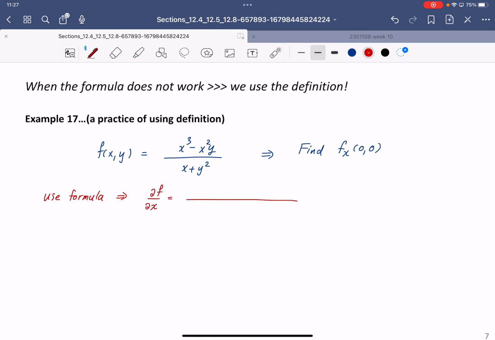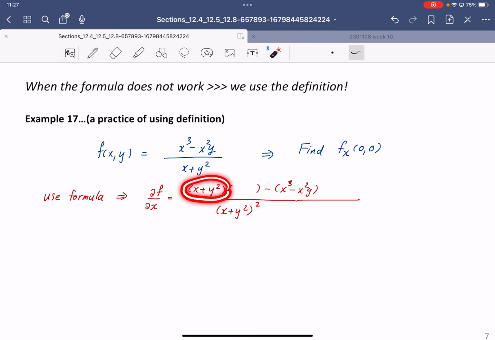So you're gonna get low d high minus high d low over low square, right? So we're gonna keep the lower part and then differentiate the top part.